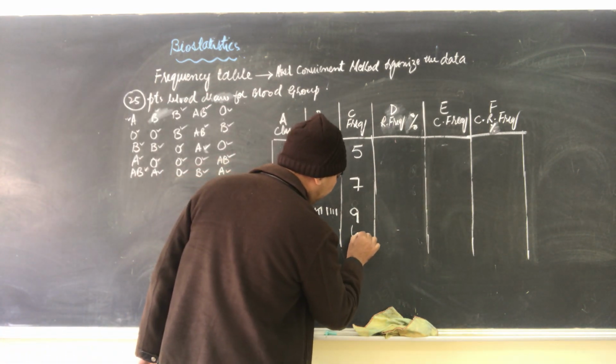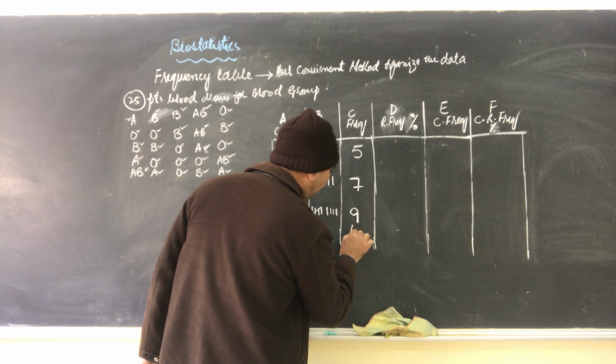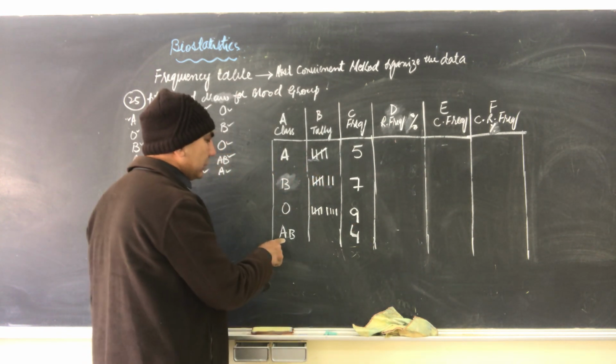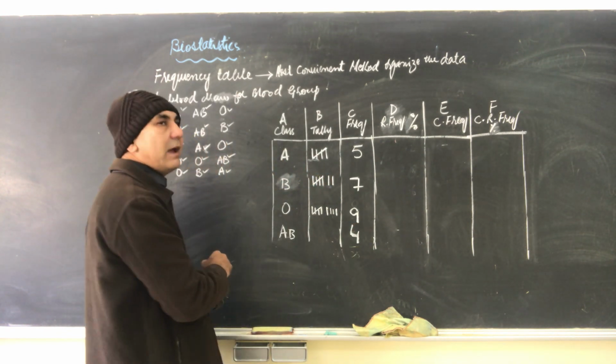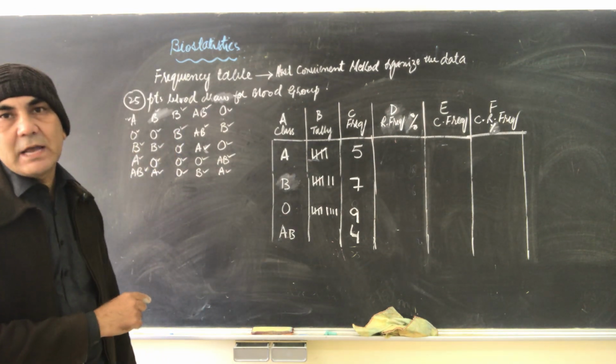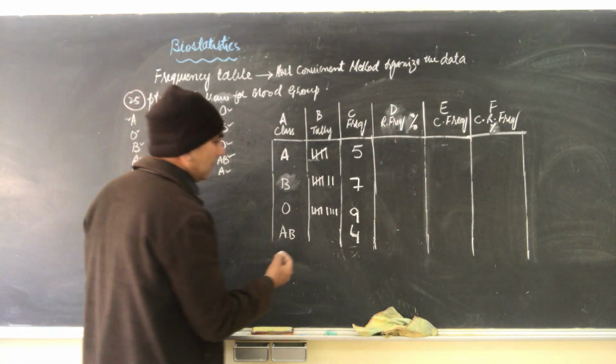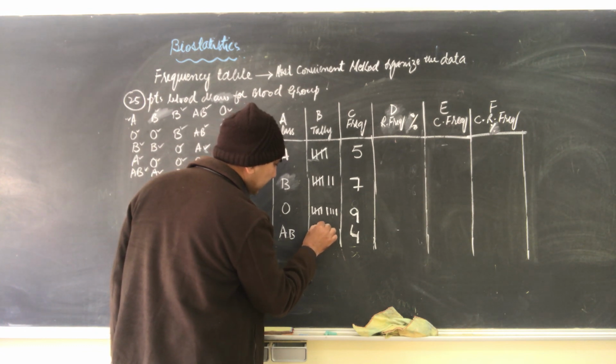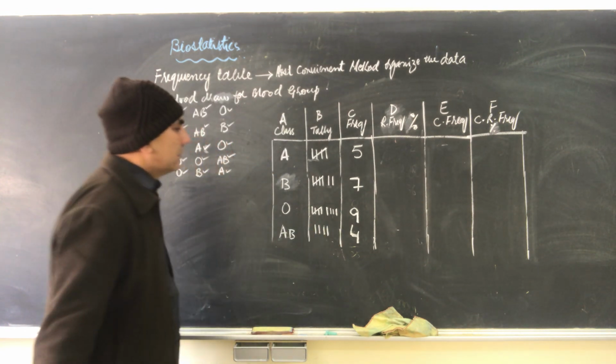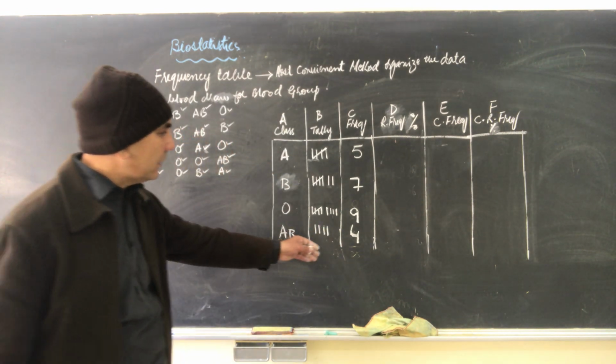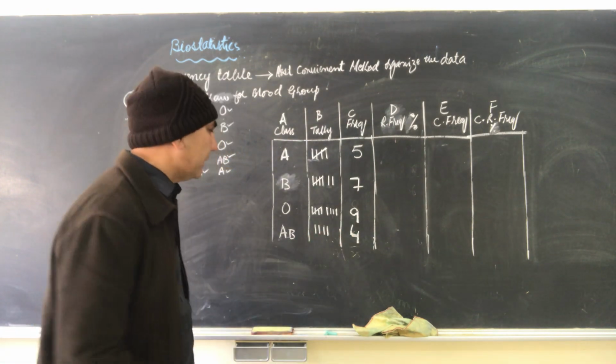So we have 4 patients with blood group AB among the 25 sample size. Now we will mark 1, 2, 3, 4. So in the tally marking it is a 4, and in the rubric form we write a 4.